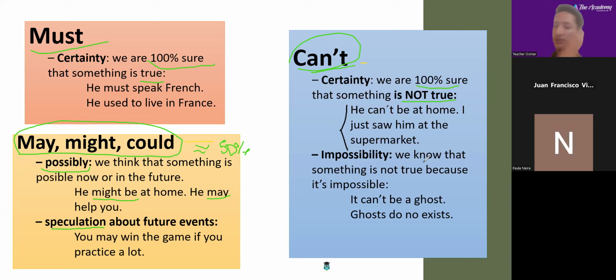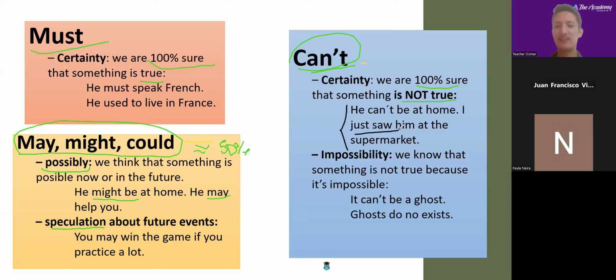Estar en casa. The translation is a deduction, a speculation again. He can't be at home. Él no puede estar en casa. ¿Por qué? Why? I just saw him at the supermarket. Acabo de verlo en el supermarket.